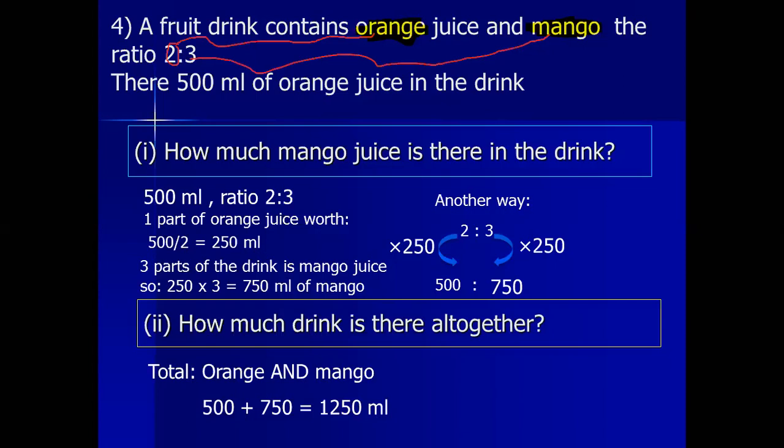So the first number in the ratio represents the first thing we talk about, which is orange. 3 represents the second thing, which is mango. Right, Ali? Can you divide 500 by 3? No, you cannot, because 500 represents the orange amount. Anything else? No, thank you, teacher. Most welcome, Ali.